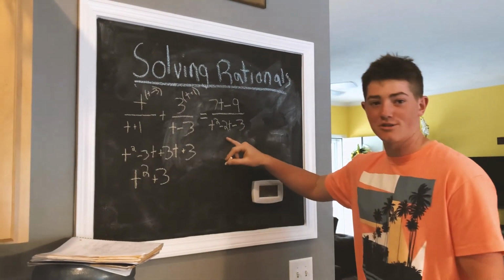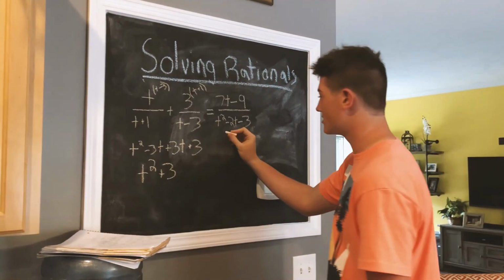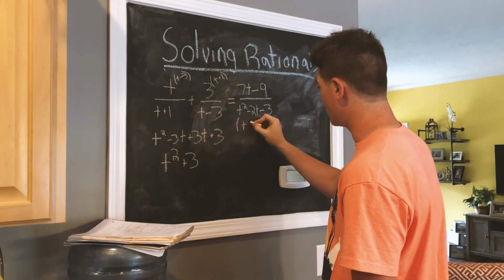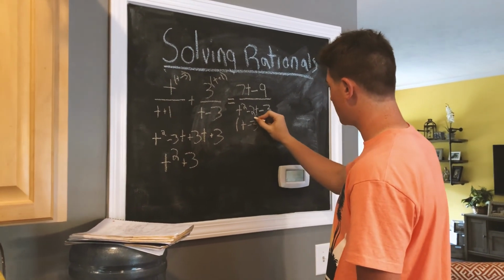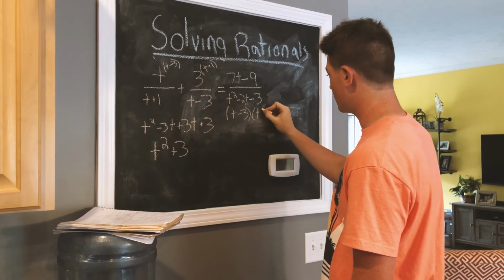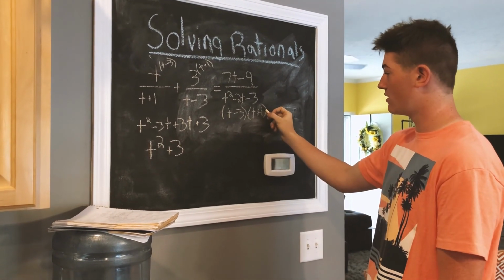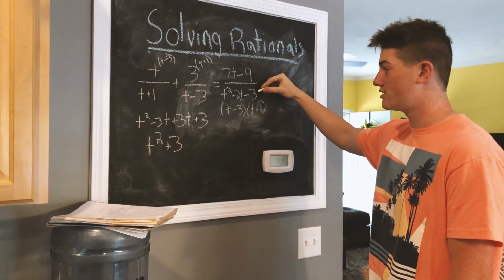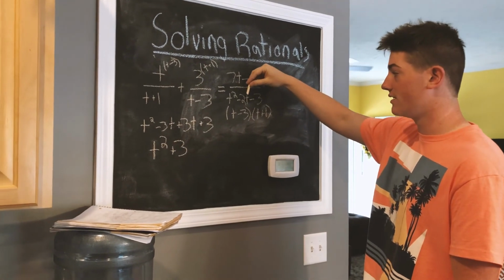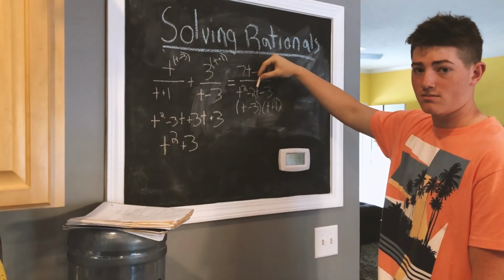Alright, so you're usually supposed to break this down first, but I'm going to just do it now. So you got t minus 3, and then t plus 1, because negative 3 and positive 1 multiply each other to equal negative 3, but they add each other to equal negative 2.